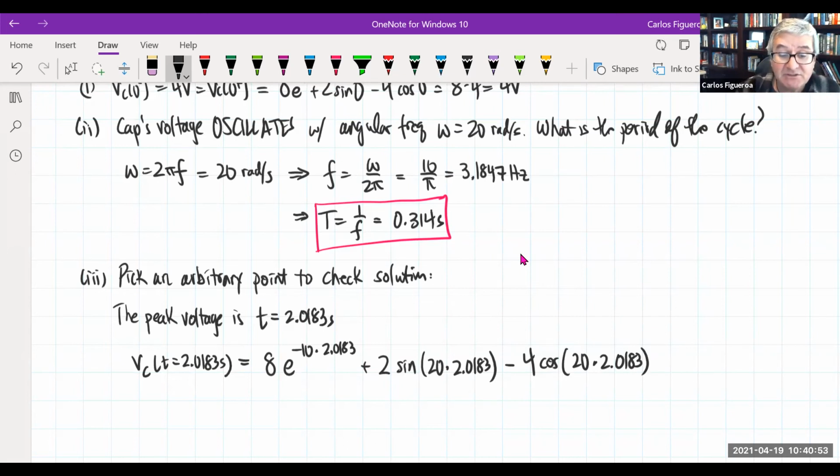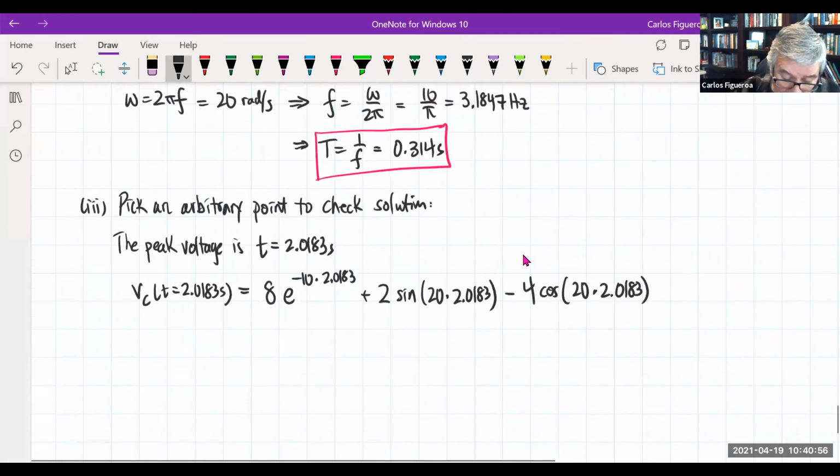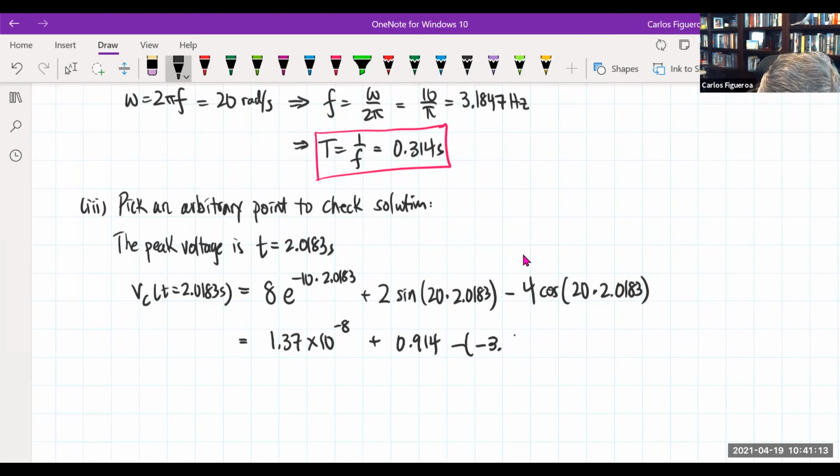And then I just punch this into my calculator. And what I see here is that this number turns out to be 1.37 times 10 to the negative 8. And then I get 0.914 minus 3.558.